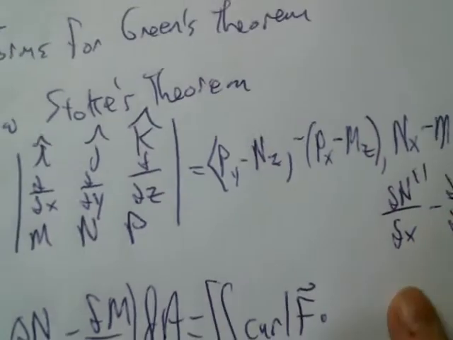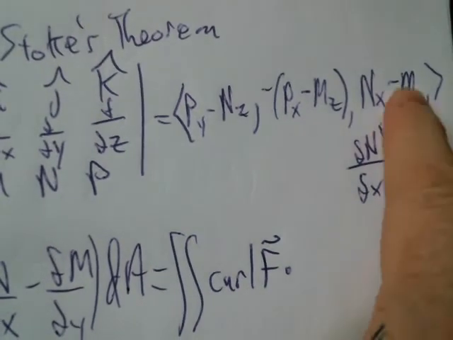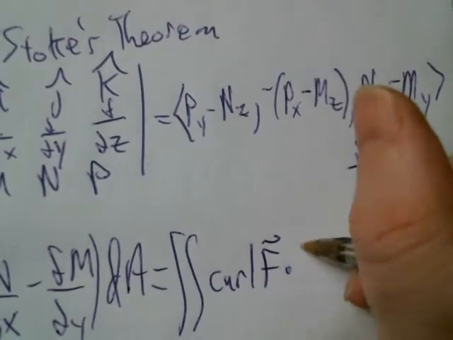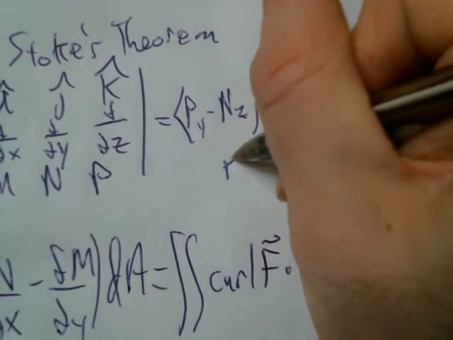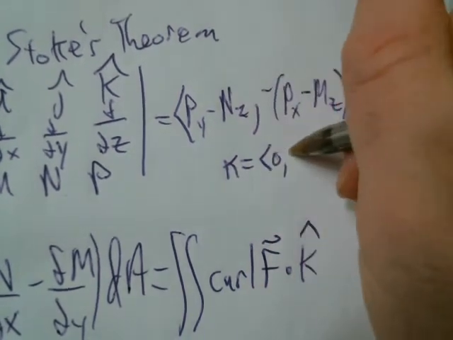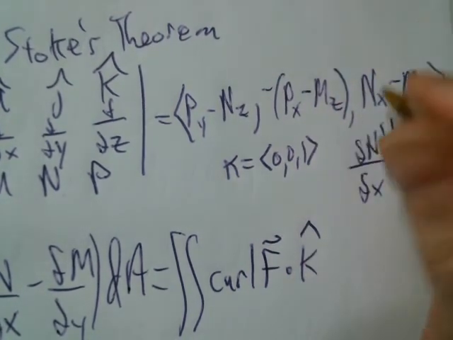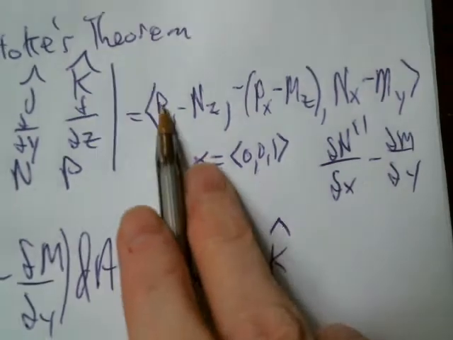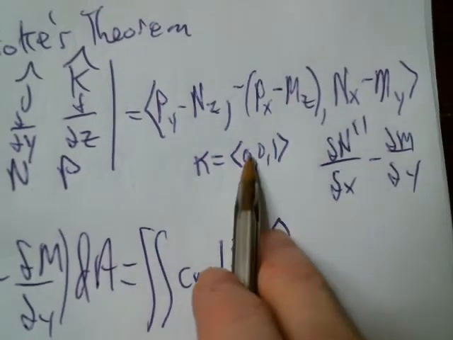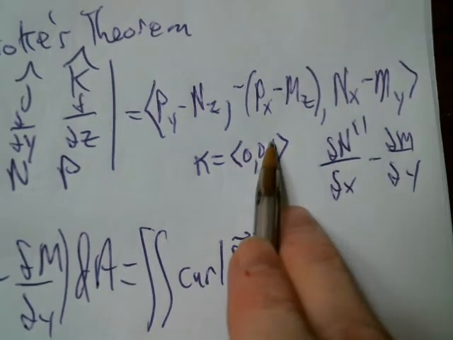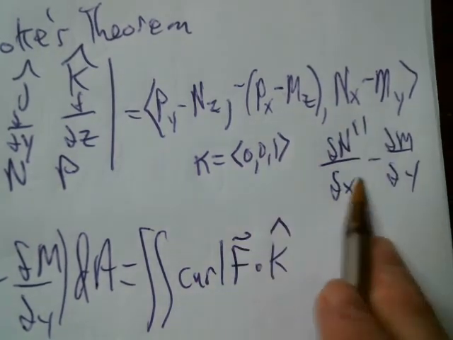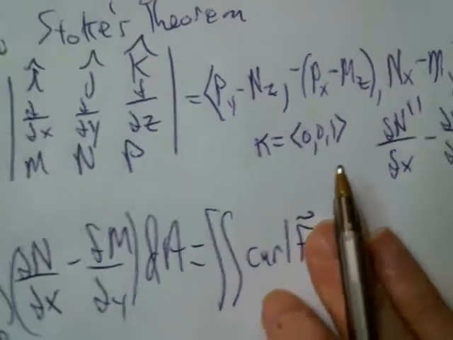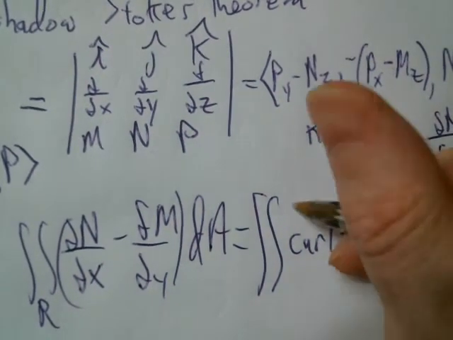I have to dot it with the k vector in order to extract this one component. What was k? K is equal to 0, 0, 1. So when you dot k with the curl, this times this will be 0, this times this will be 0, and then this times this will be 1 times this, which is just what we want inside our integral.